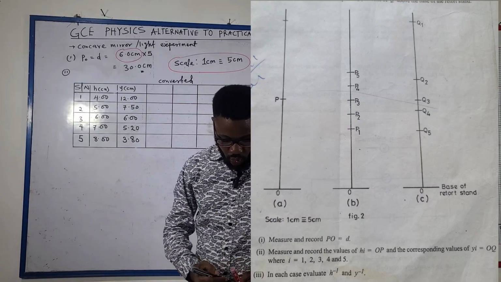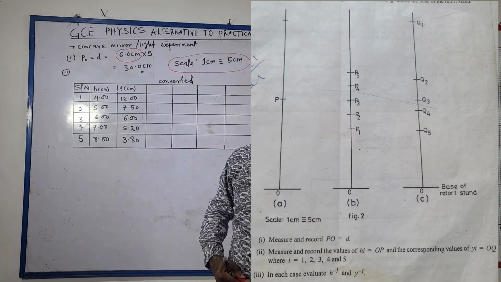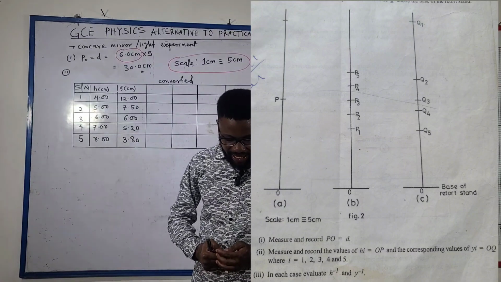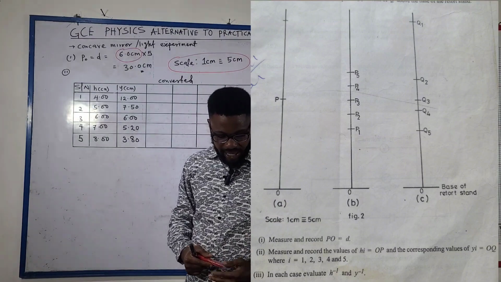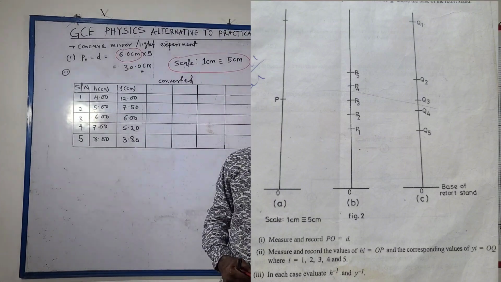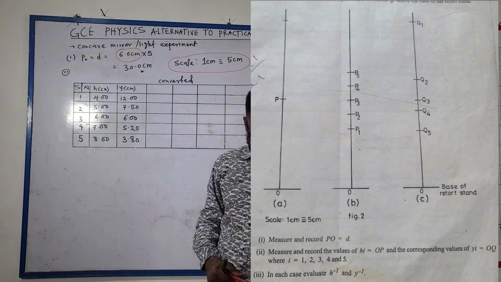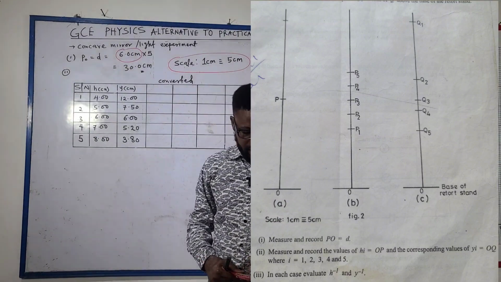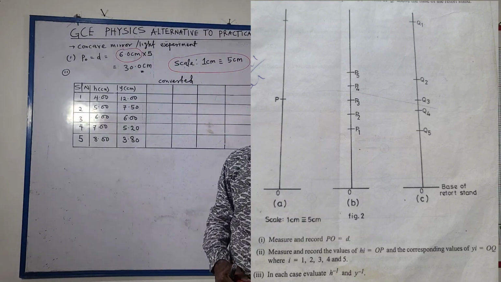30 centimeters. So for Roman figure 2, I was told to measure and record the values HI, which equals to OP, and Y, which equals to OQ, talking about the object, the image height, and of course the distance there.